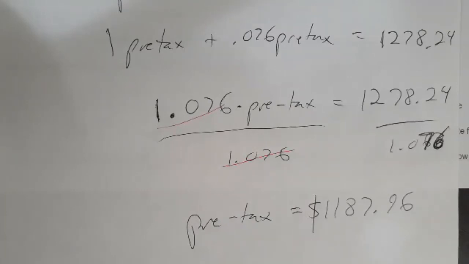It's 1278.24 divided by 1.076. And that should give you somewhere around 1187.96. Okay. Is that right?